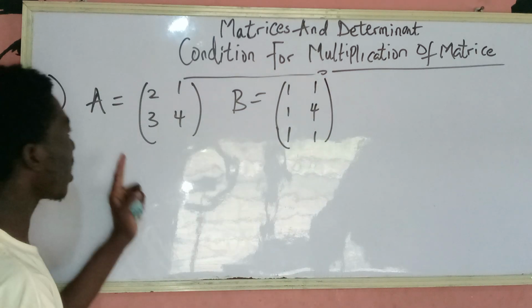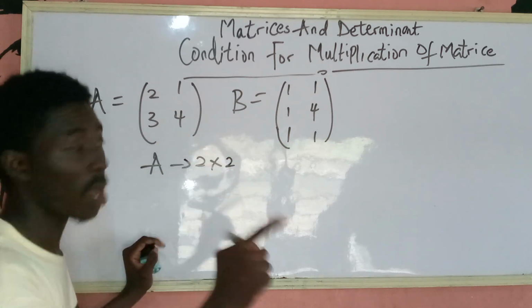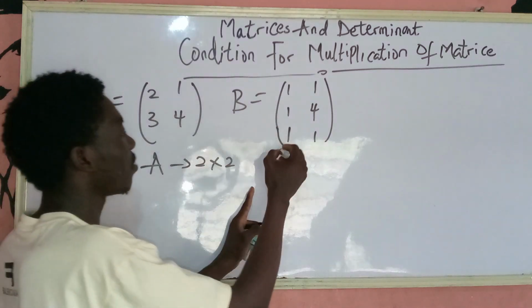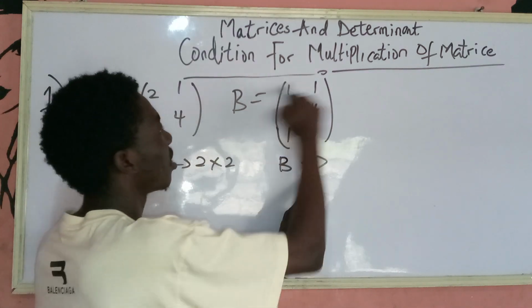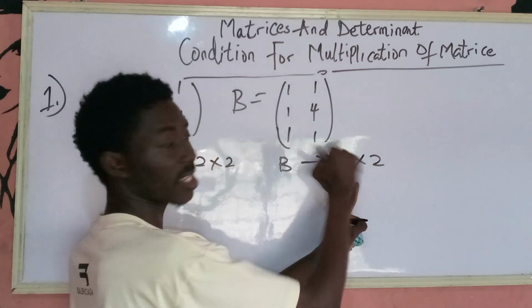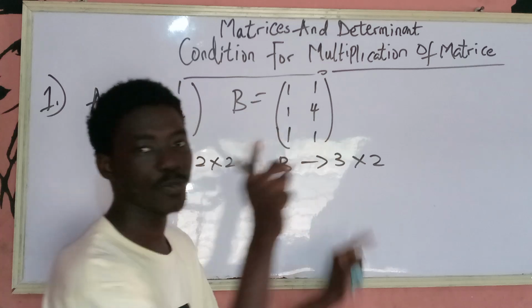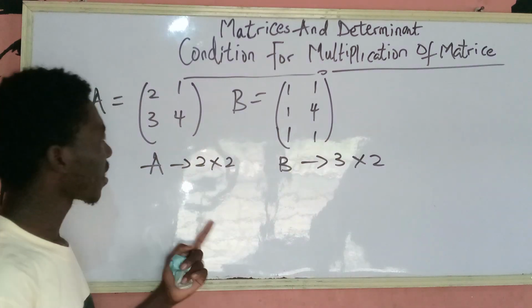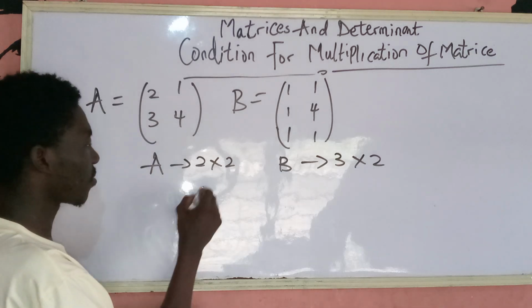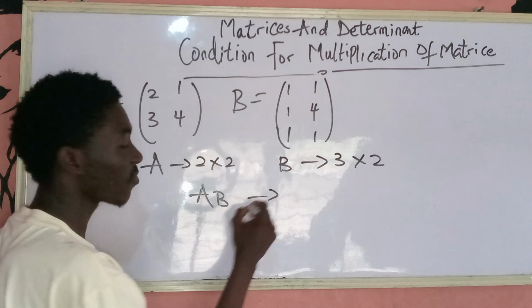Now, this A is a 2 by 2 matrix, because we have 2 rows and 2 columns. B is a 3 by 2 matrix: 3 rows and 2 columns. Now I want to ask you, can we multiply these two matrices? Is it possible to find AB?